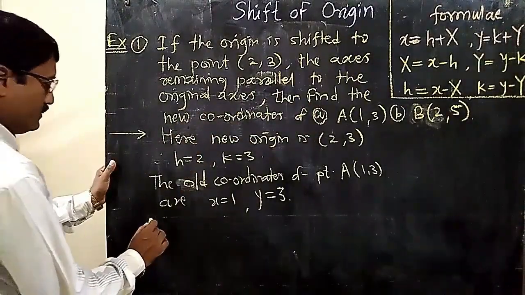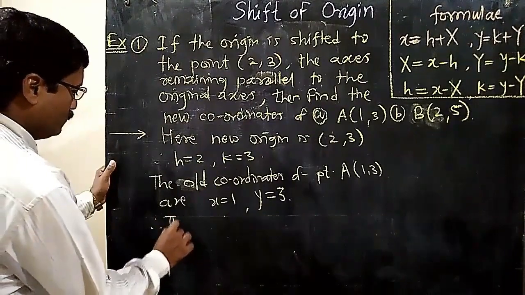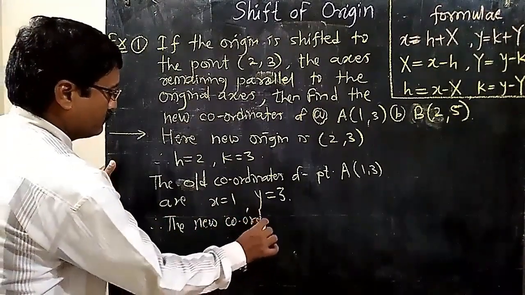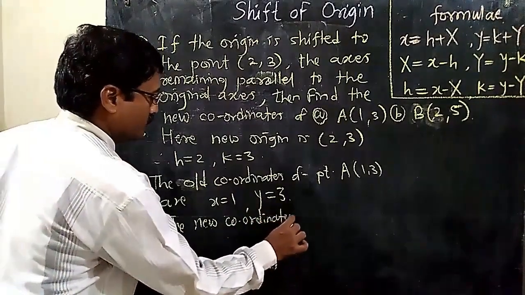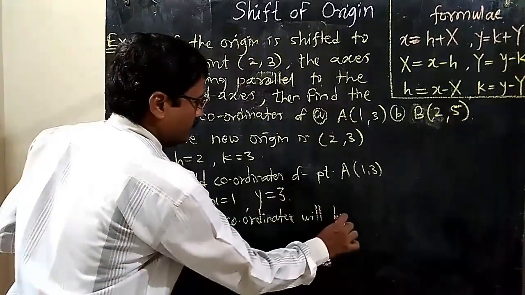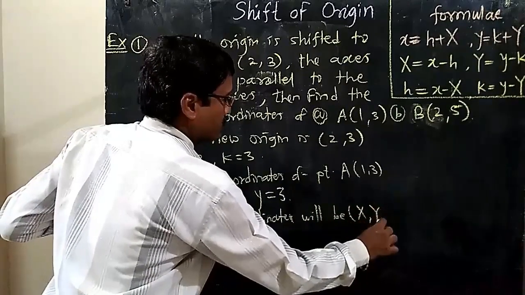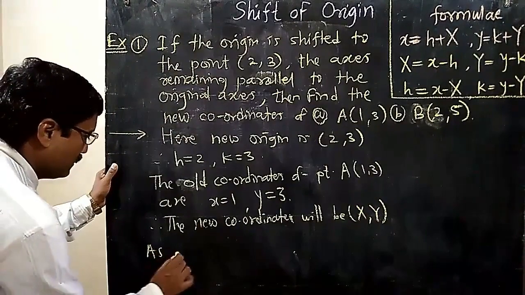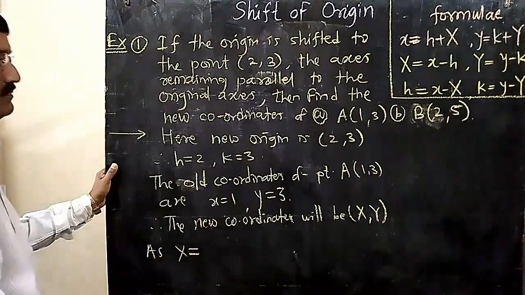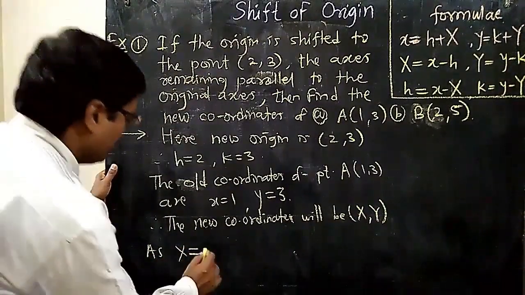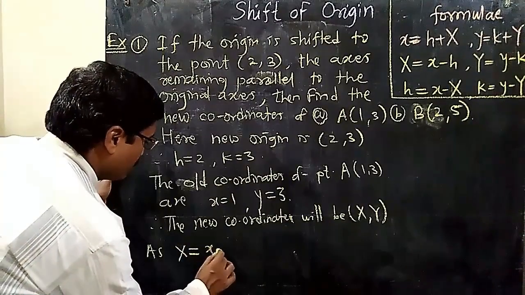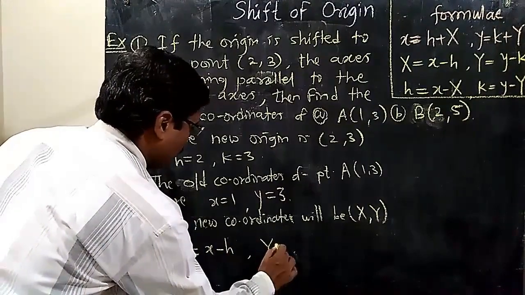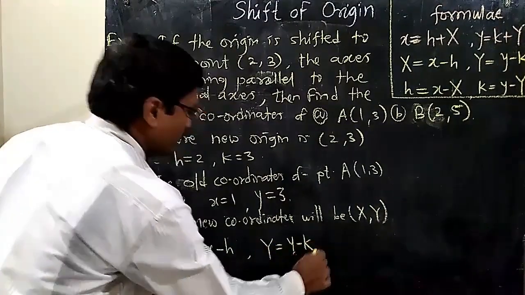Therefore the new coordinates will be capital X, capital Y. Capital X is equal to small x minus h, and capital Y is equal to small y minus k.